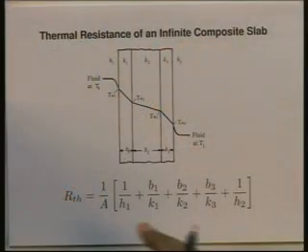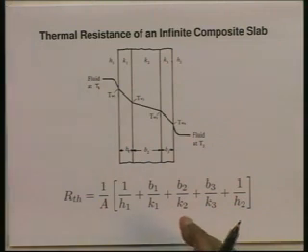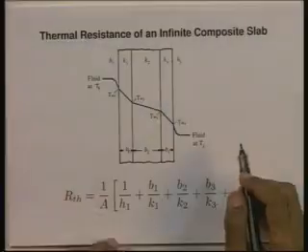So, we are now going to look at, instead of just one slab that we looked at earlier, an infinite slab which is composite in nature. Look at this figure.